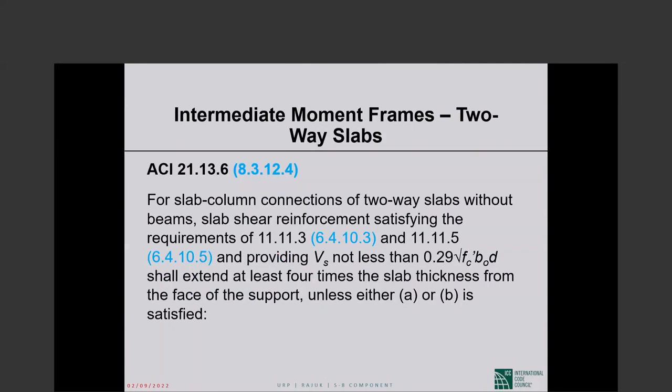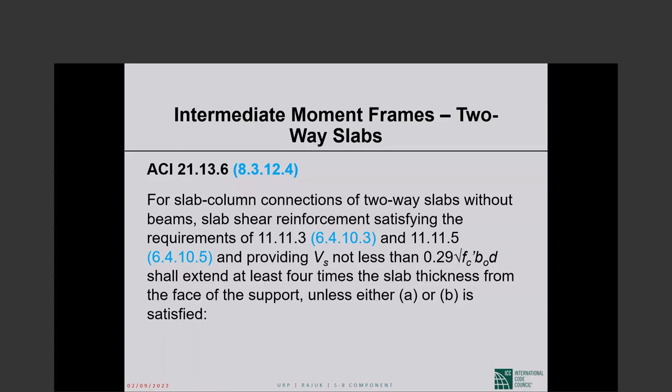Okay, so 21.13.6 is not formulated for intermediate moment frames, but intermediate moment frames are invoking that section. If you do what we require there, you don't have to live with the severe limitation of 40% phi times V sub c on the shear that develops, the punching shear due to gravity.